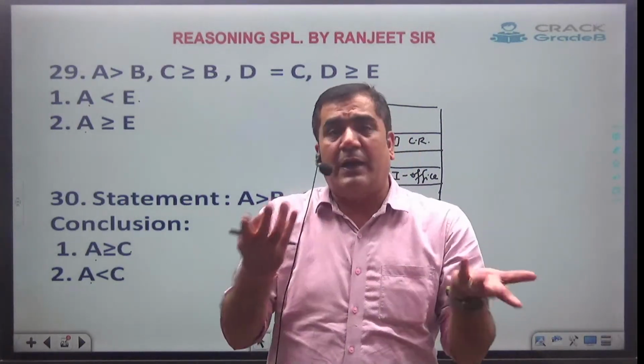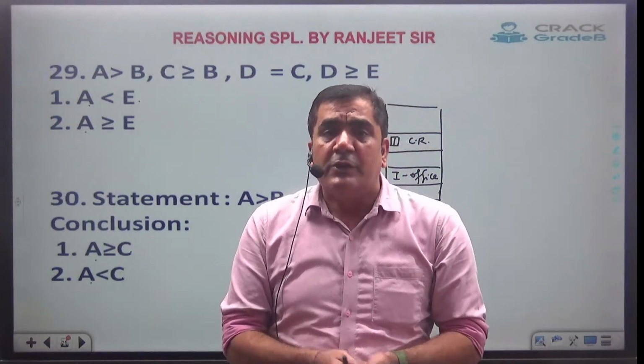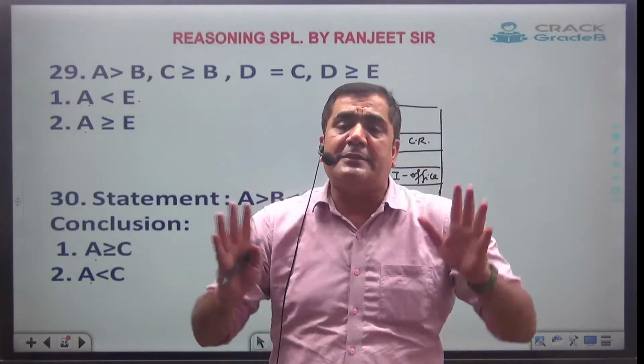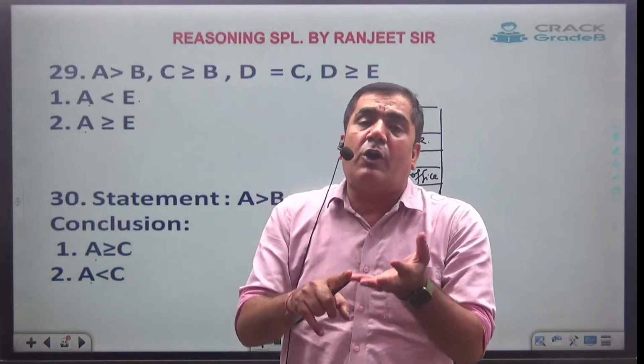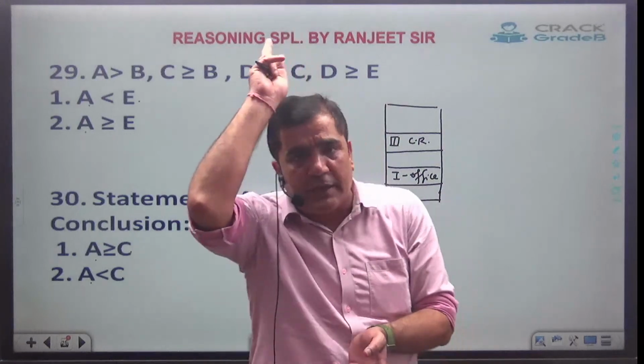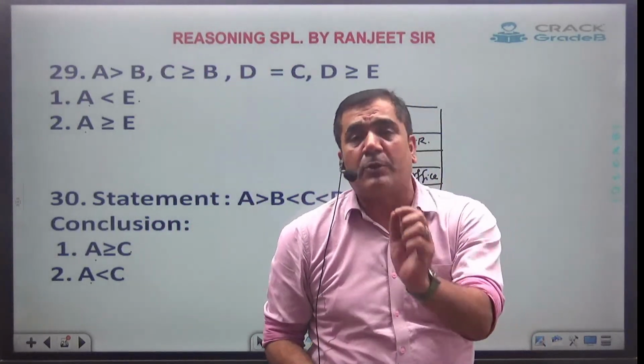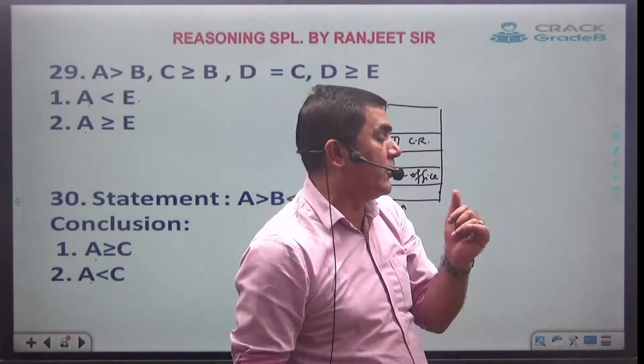If I say I won't clear the exam, again that is not certain, because that again depends upon the cutoff. So the only thing I can say is I will either pass or fail. Out of pass or fail, one thing has to happen, bound to come. And that is the concept of either-or. Understood or not?